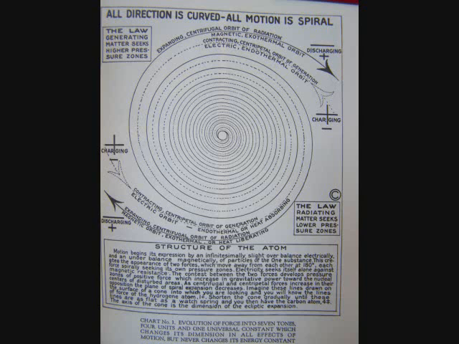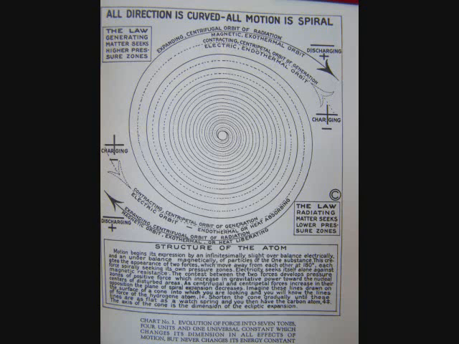And then it says contracting centripetal orbit of generation and electric endothermal orbit, charging. And then it says contracting centripetal orbit of generation, electric orbit, endothermal, or heat absorbing. And then the next line, that's black arrow, says expanding centrifugal orbit of radiation, magnetic orbit, exothermal, or heat liberating. The law radiating matter seeks lower pressure zones.